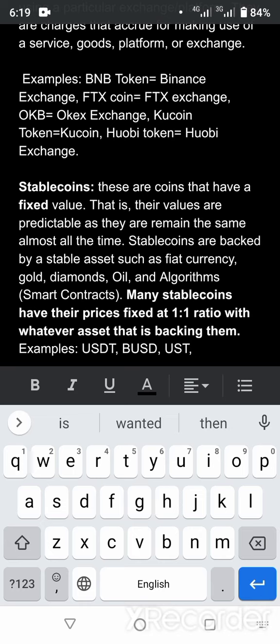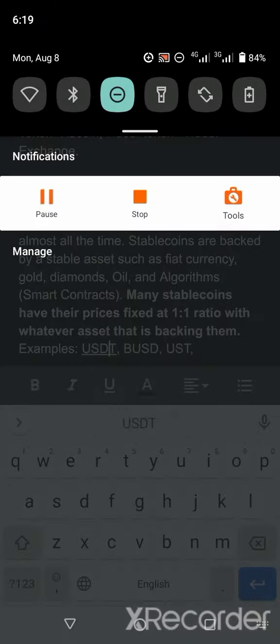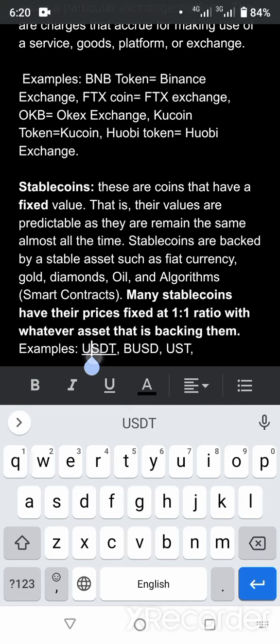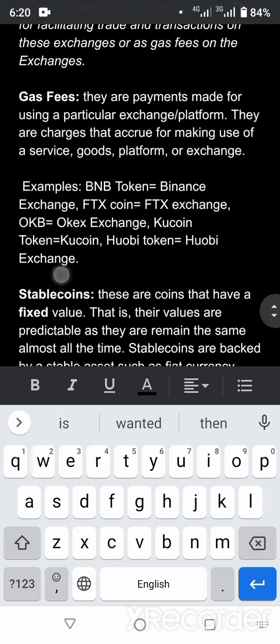So let us just leave those for now. Just know that you have the USDT, you have the BUSD, and then you have the UST. Those are the most popular examples of stable coins. Good.